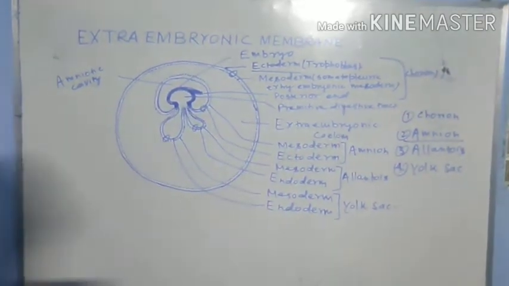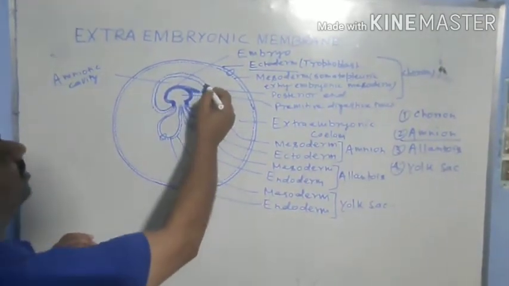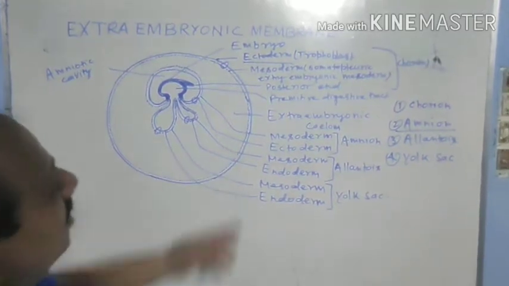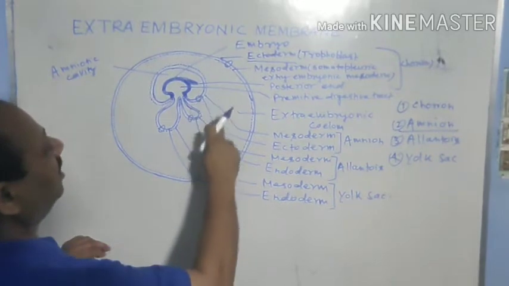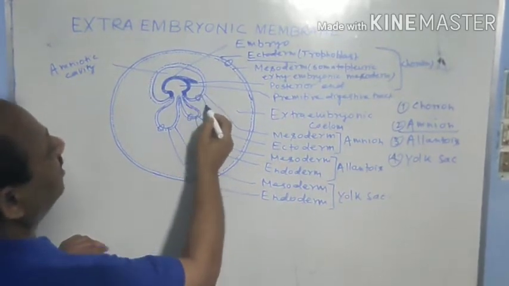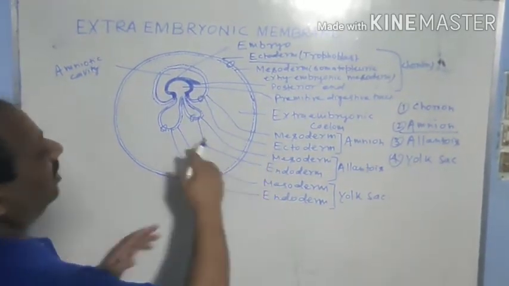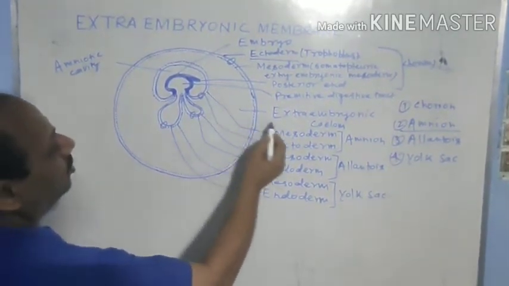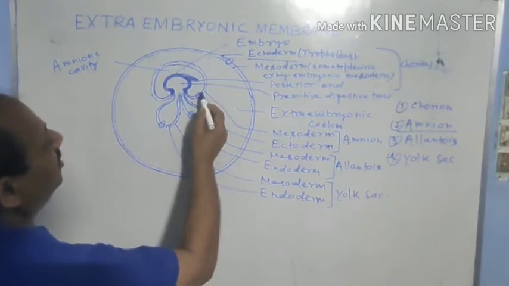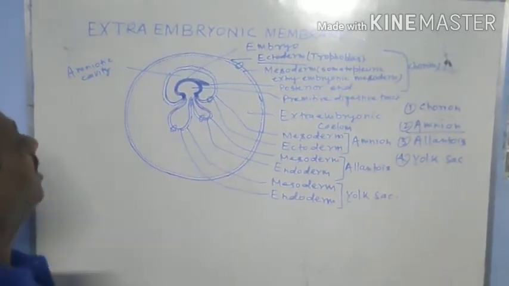Next extra-embryonic membrane is the amnion. It consists of mesoderm outside and, inside, ectoderm. Here the condition is reverse: mesoderm is the outermost layer and ectoderm is the inner layer.